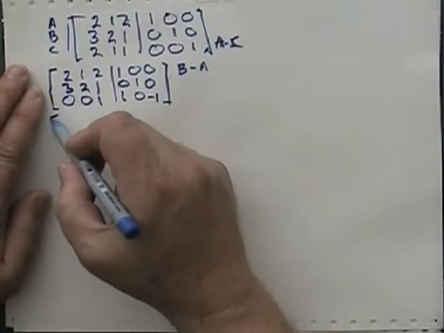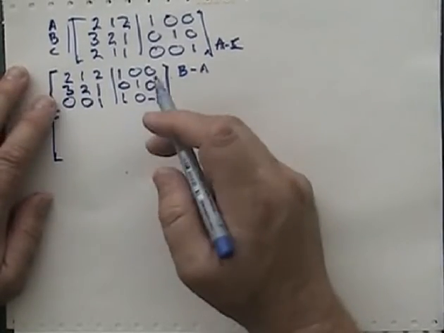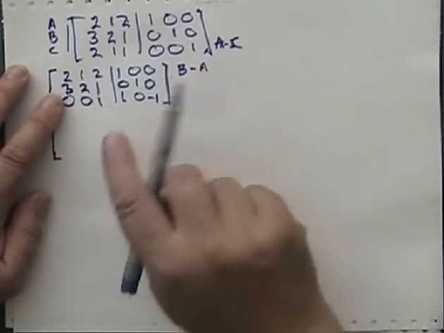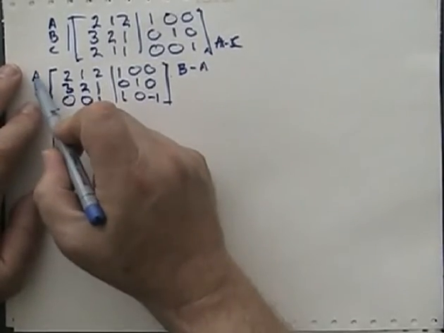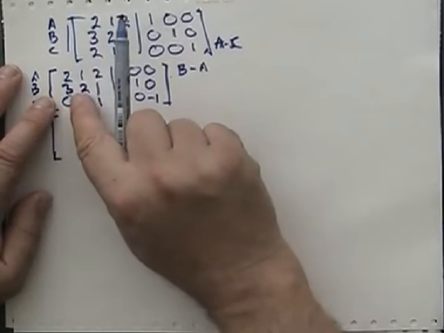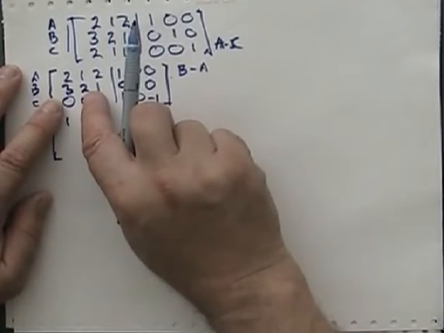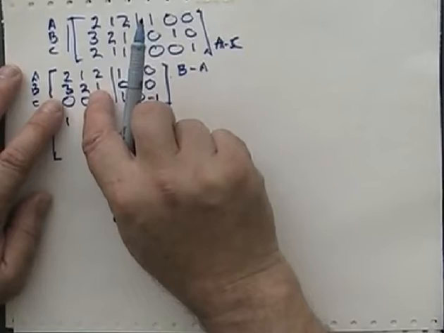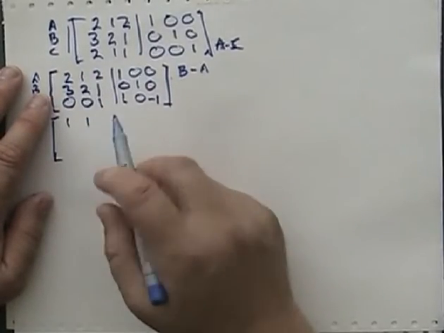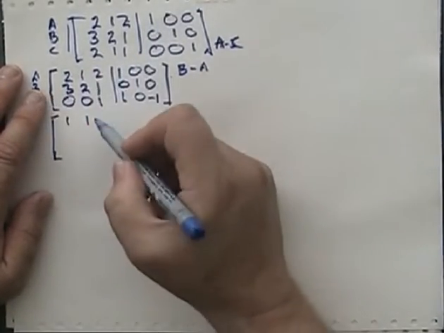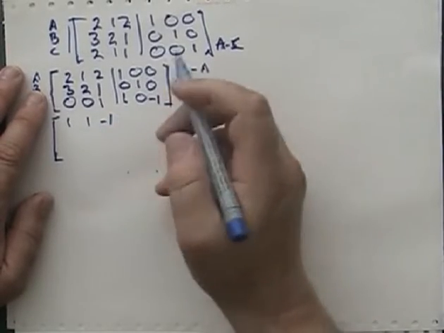So I'll do that. Remember, this is row A, B, C. So 3 minus 2 is 1. Row B minus A is 2 minus 1 is 1. Row 1 minus 2 is minus 1.